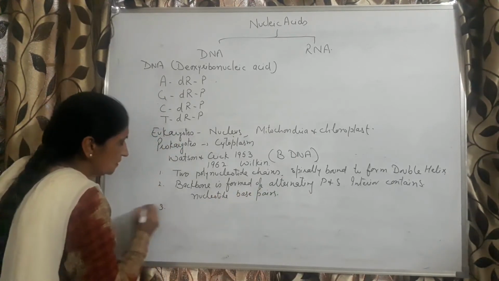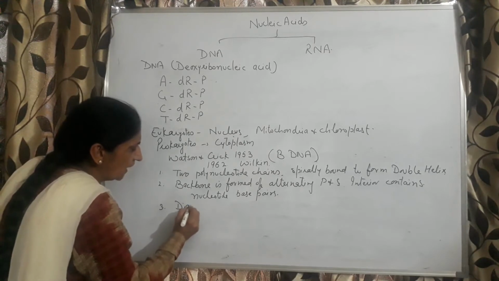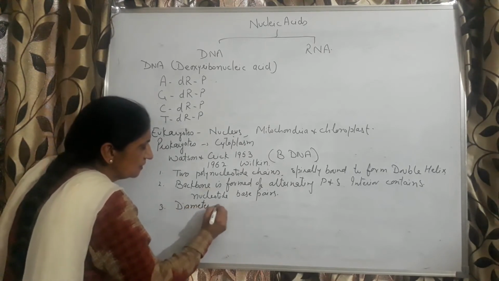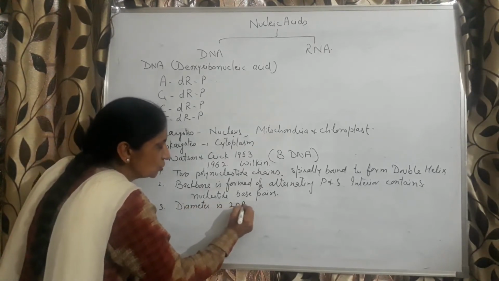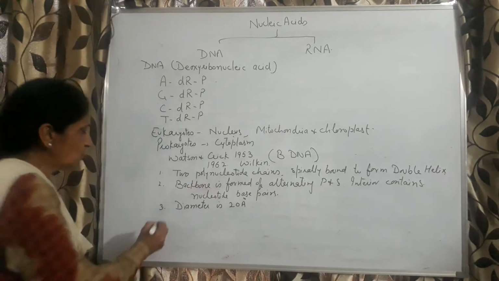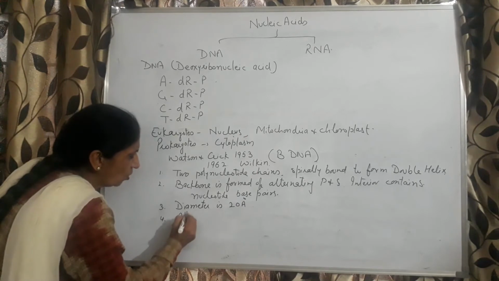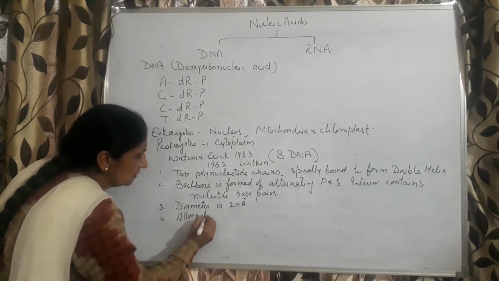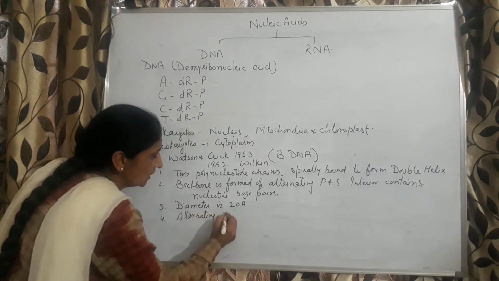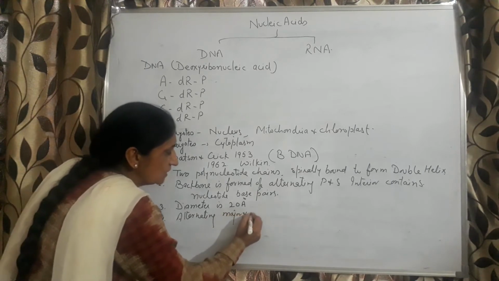The diameter of this double helix is 20 angstrom units. The 2 chains are so spirally bound that there is an alternating major and minor groove.